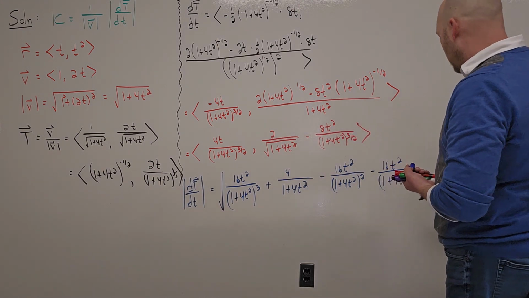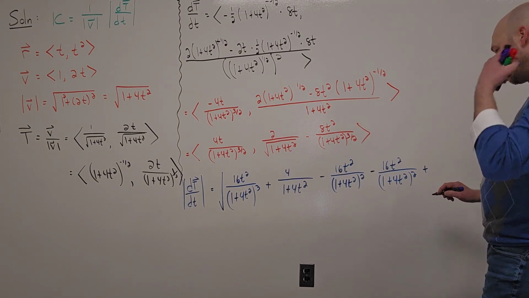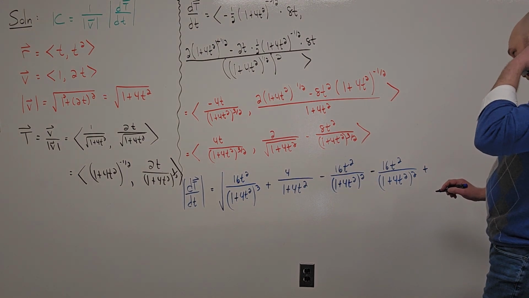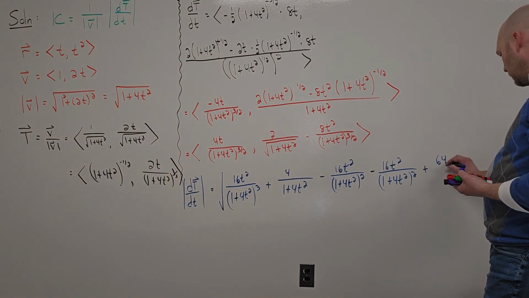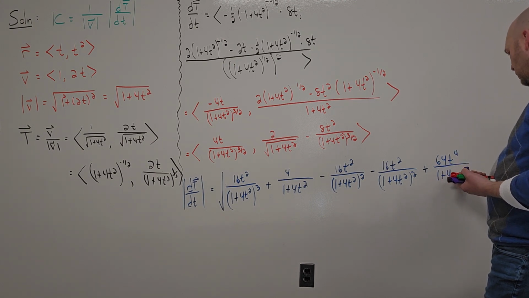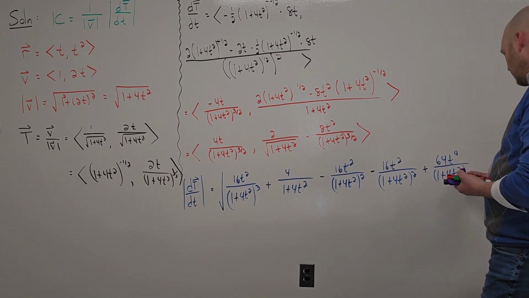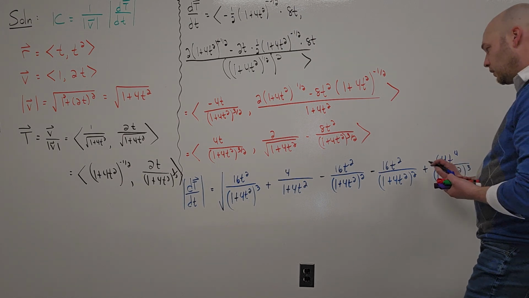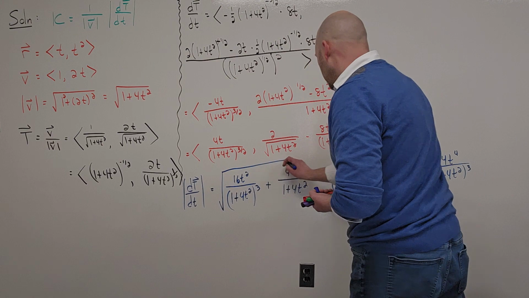And then the last term would be plus 64t to the 4th over 1 plus 4t squared, cubed. And that's all under the square root.